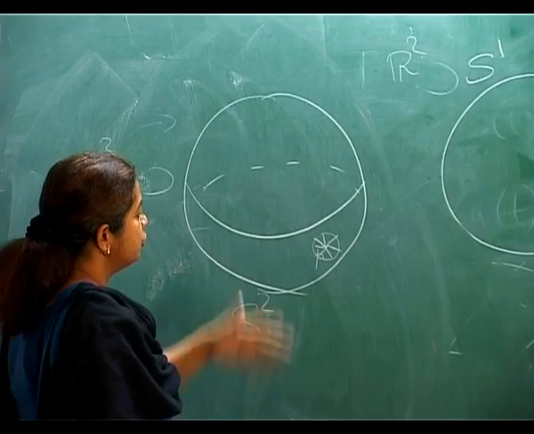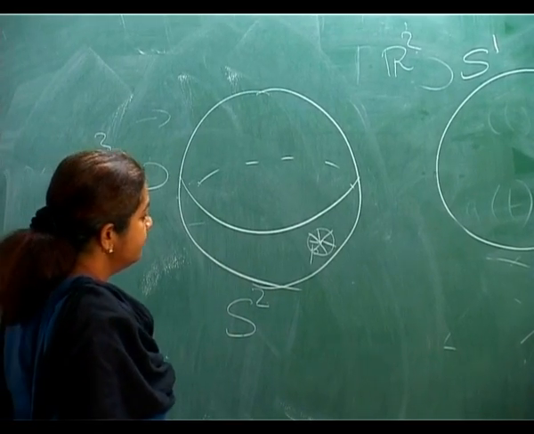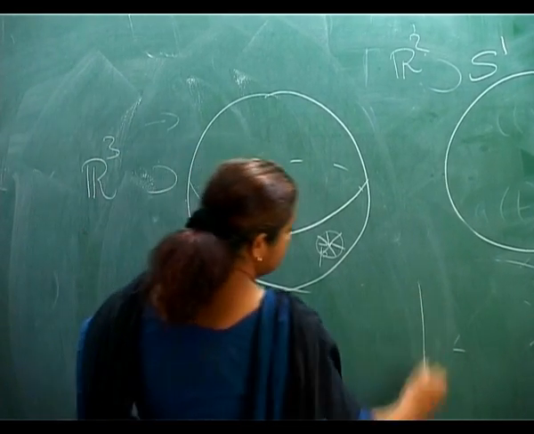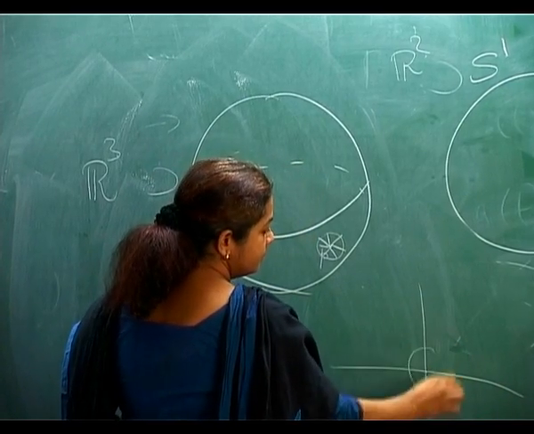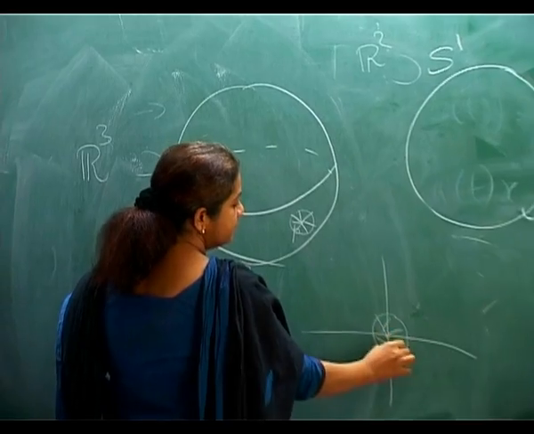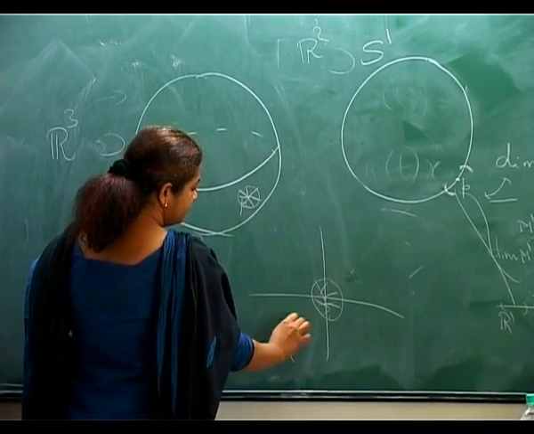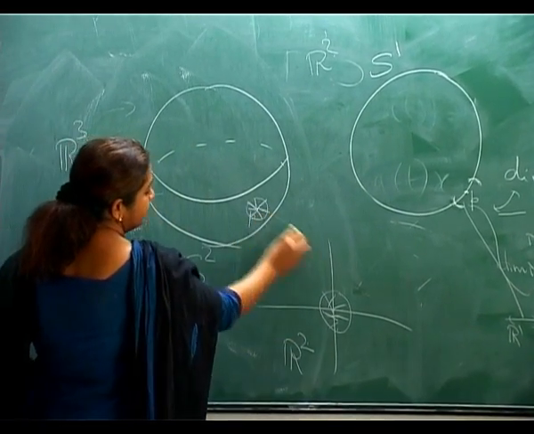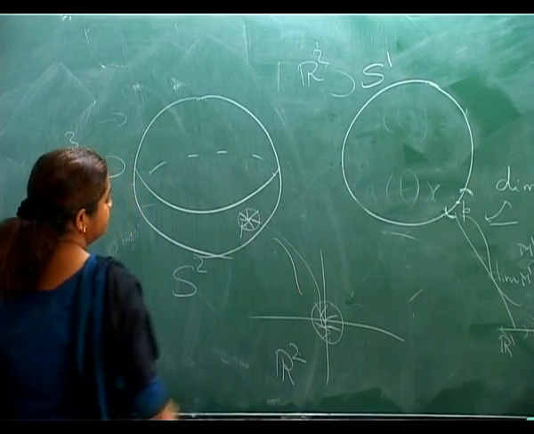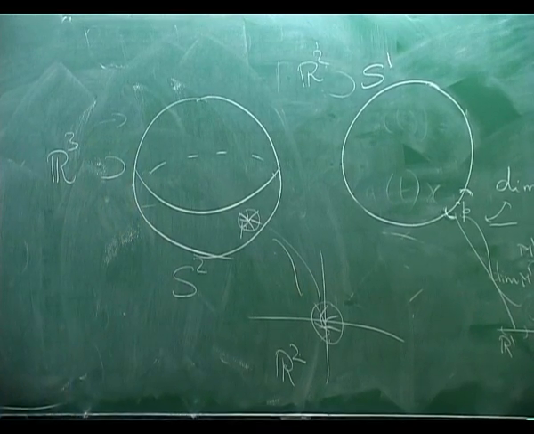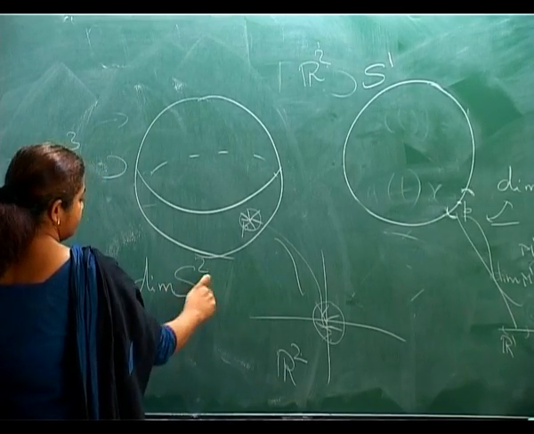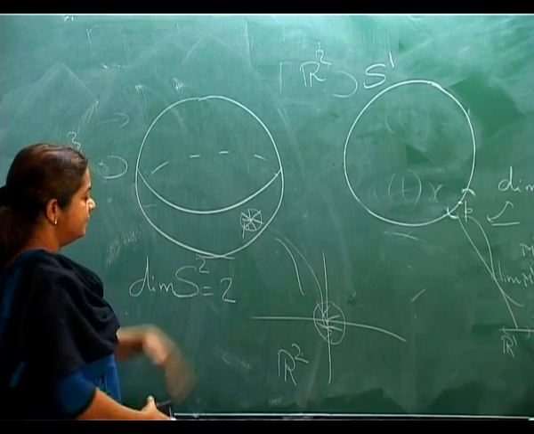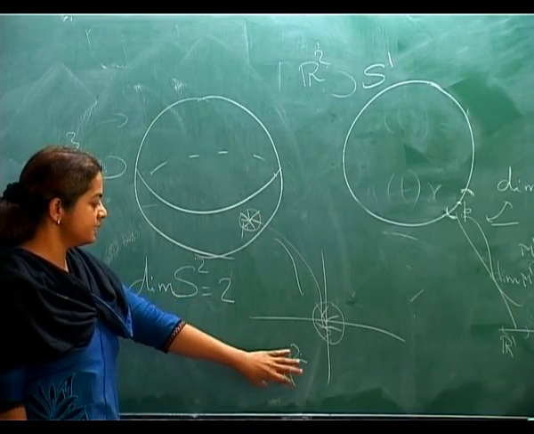So this generates a topology on this sphere, and you can now notice that these open disks can be identified with open disks in your 2-dimensional plane, right? This gives the notion of dimension of the sphere, because you are identifying these open sets with open subsets in R2.